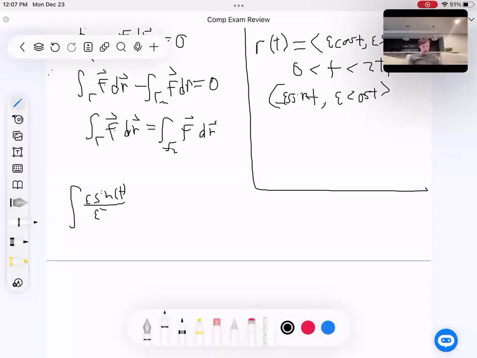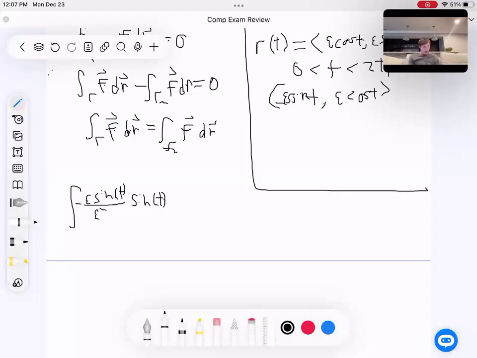So that is easy. And then we are also going to have negative epsilon sine t out here.